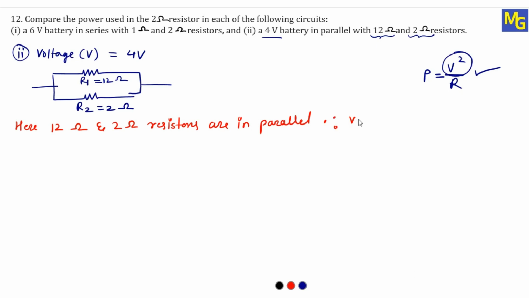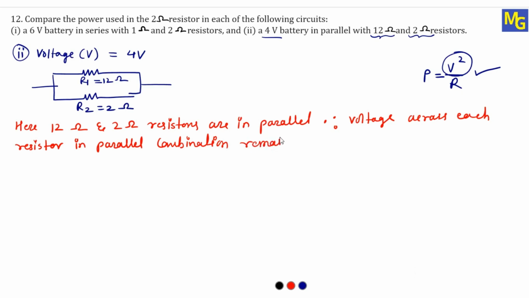Therefore voltage across each resistor in parallel combination remains same. All these sentences I am writing just for you people. You need not write it in an exam. You can directly just solve. You will get the full marks. So parallel combination remains same.